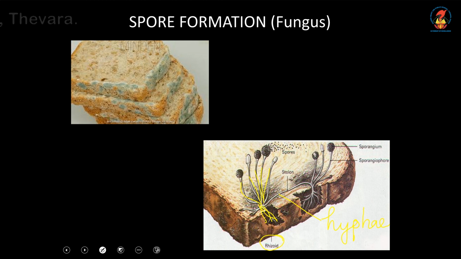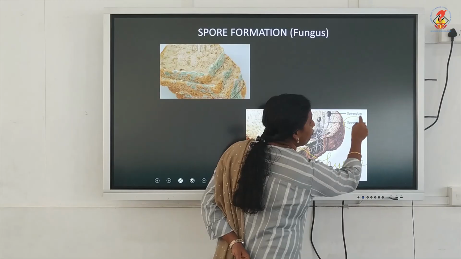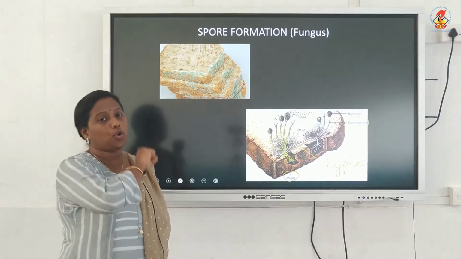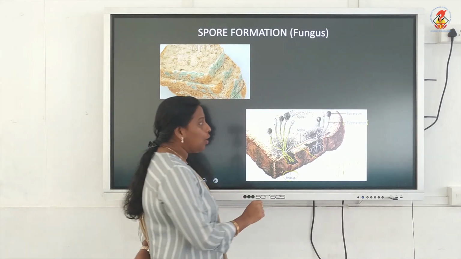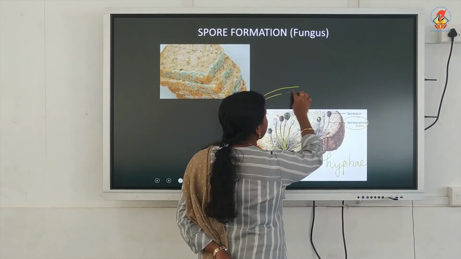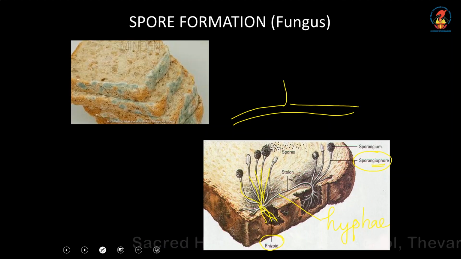And the short stem-like structures which are coming up, small tubes which are coming up, you call them as the sporangiophore. P-H-O-R-E. Sporangiophore. Clear? Now, the tip of the sporangiophore, it will be like this. This may be a hyphae. If this is a hyphae, you can see a small tiny branch coming up.